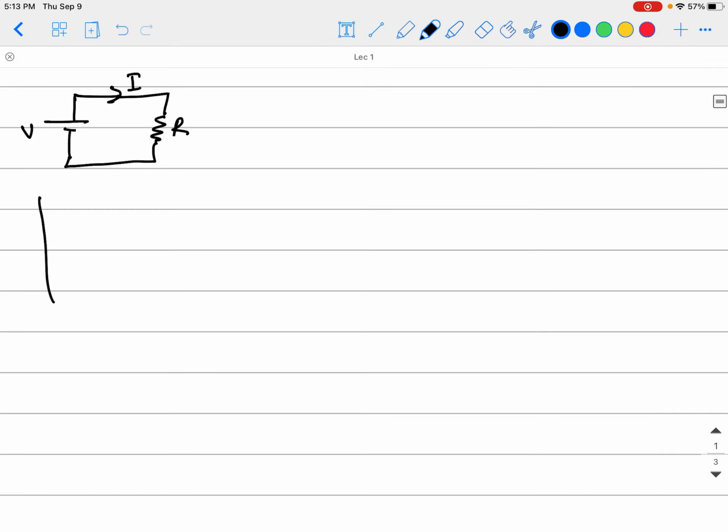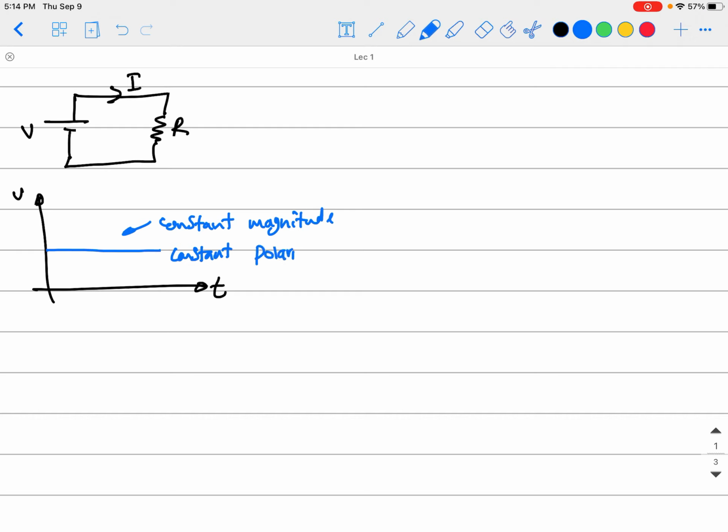If you try to plot this voltage with time, it will give you something like this, okay? That is constant in magnitude and also constant in polarity, okay?